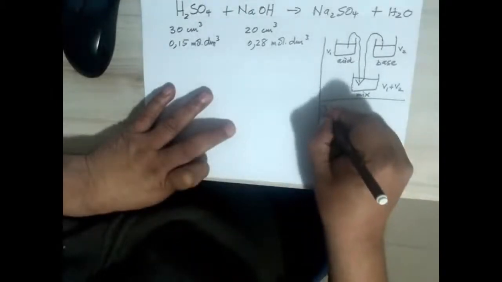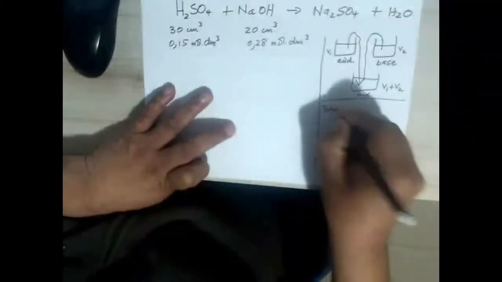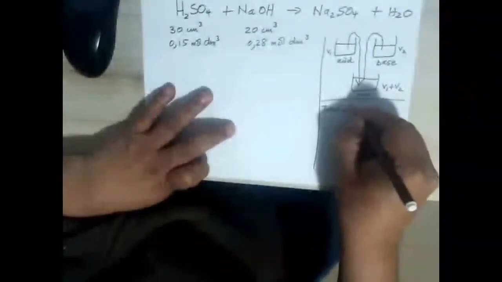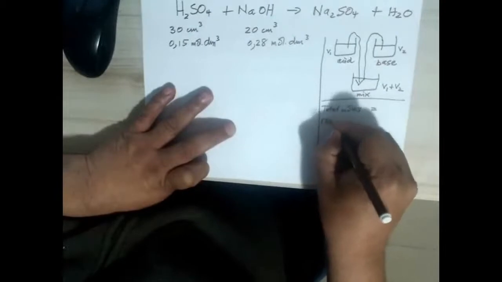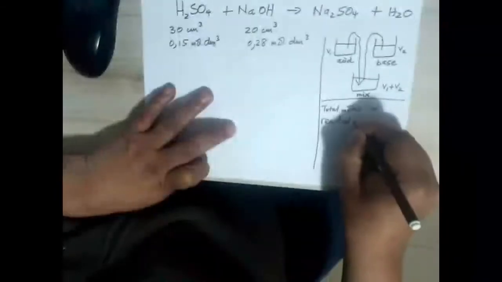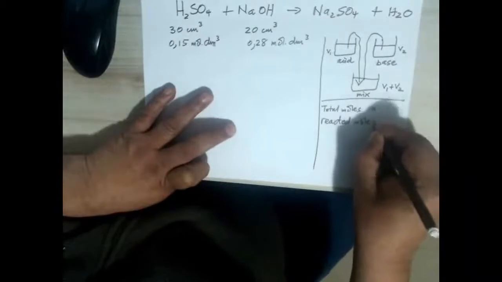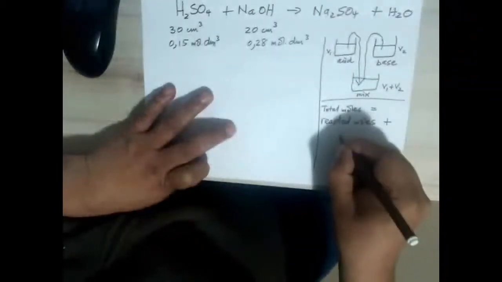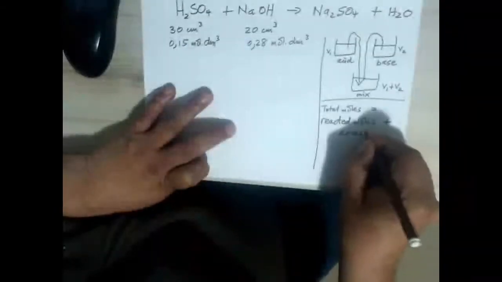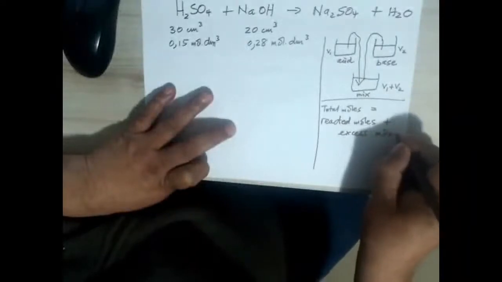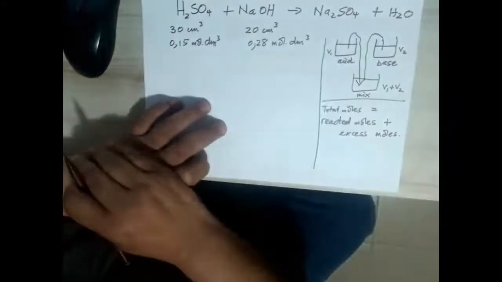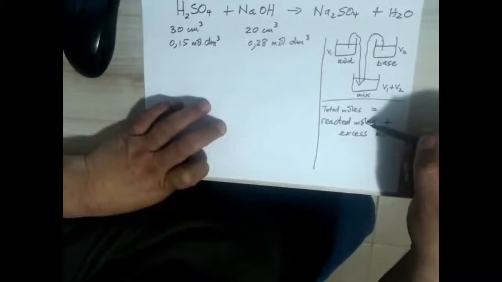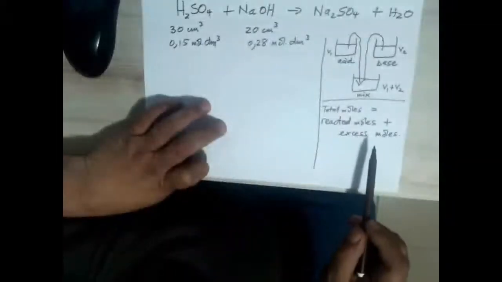So I always use this little equation: total moles is equal to reacted moles plus excess moles. Right, so the total moles is going to be the reacted moles plus the excess moles.